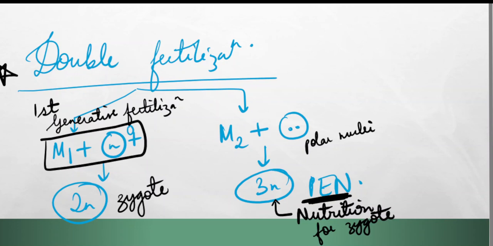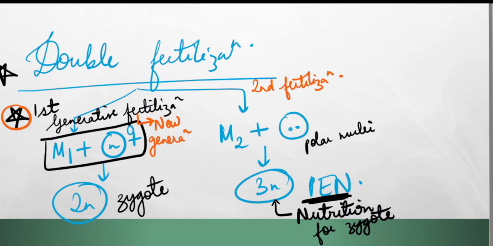So this is not a new zygote, or this will not form any embryo. So we can't say that it will give any generation. The first fertilization will give a new generation, but the second fertilization won't give any generation.